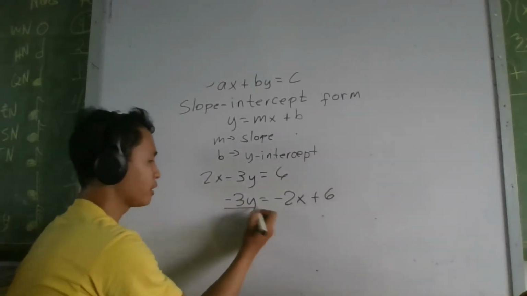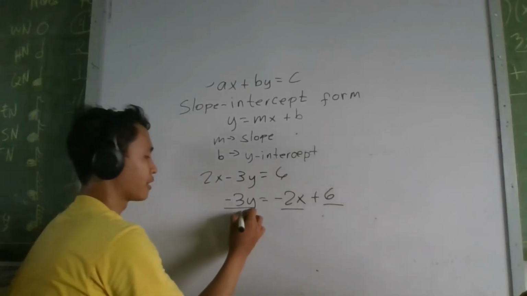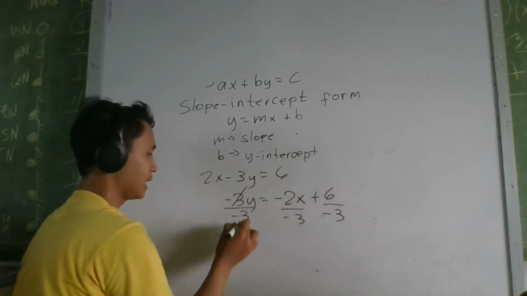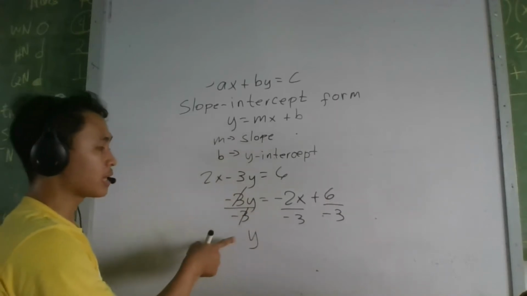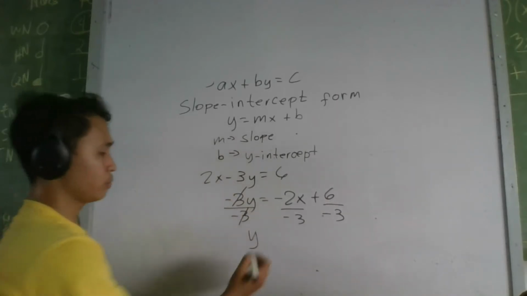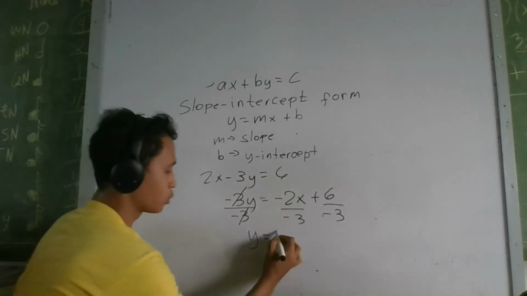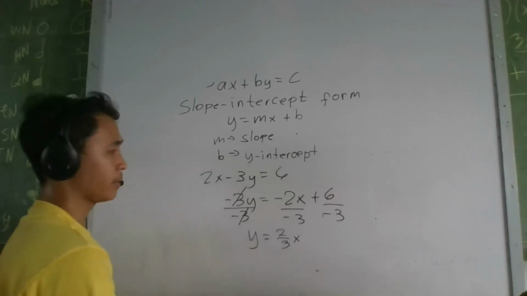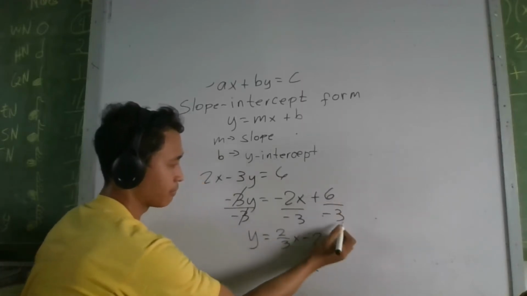So we have to divide all terms by negative 3. Sir, bakit negative 3? Para makancel yung negative 3, yung matitira is y. Kasi yun yung target natin. So that would be equal to negative divide negative is positive, so that is positive 2/3 x. And positive divide negative is negative, so that is negative 2, kasi 6 divide 3 is 2.